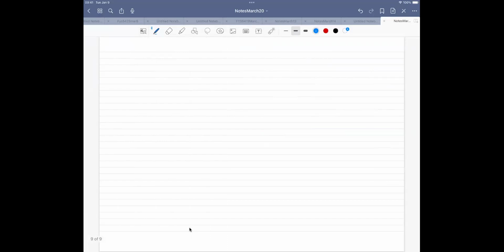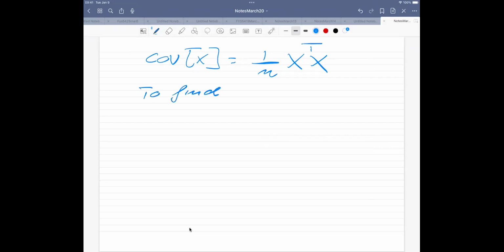So think of the covariance as a matrix. The way we have defined it, it is given by 1 over n of x transpose times x. So this is a matrix. And if we now want to find the eigenvalues, the typical strategy is to find a unitary or orthogonal transformation.